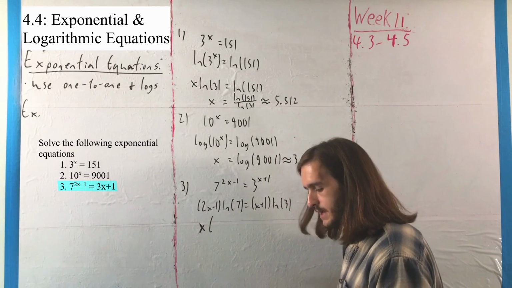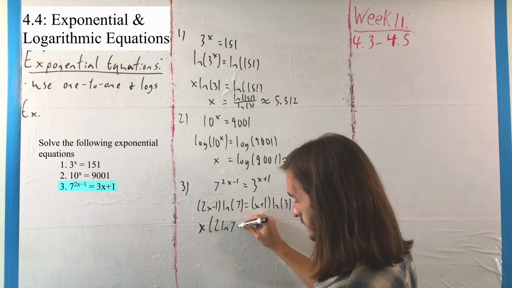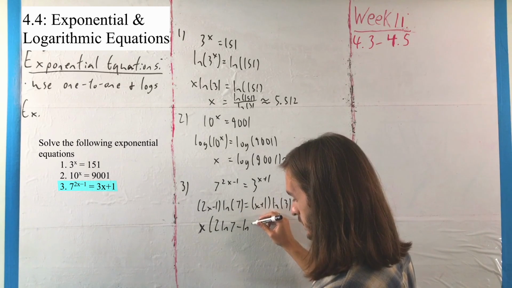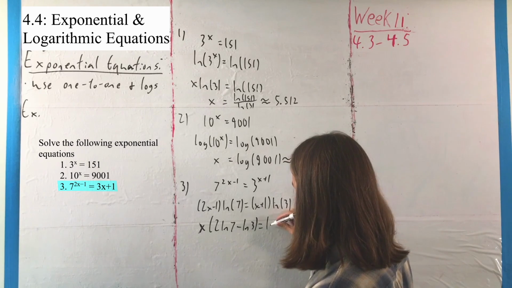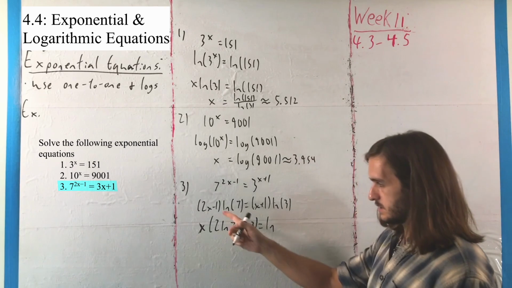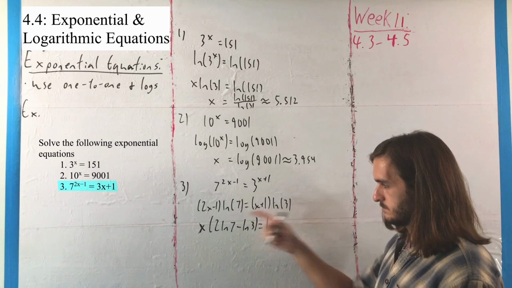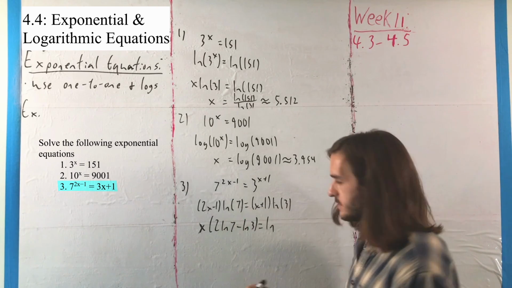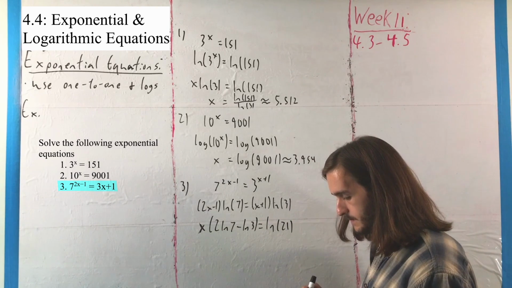Like I said, I'm short on space, times 2 natural log of 7 minus natural log of 3 is equal to, the natural log over here is going to end up being log 3 plus log 7, which you use the product property there, and that'll turn into the natural log of 21.